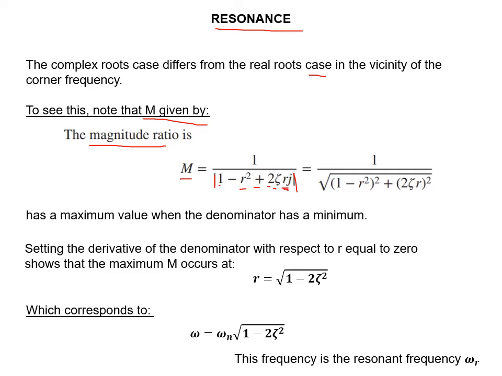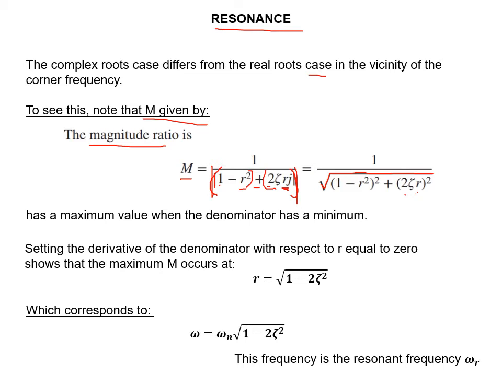This can be rewritten as 1 over the square root of the sum of the squares. So m equals 1 over the square root of (1 minus r squared) squared, since we're squaring this portion to get the magnitude, plus (2 times our damping factor times r) squared. So we get the magnitude by taking the square root of the sum of the squares.